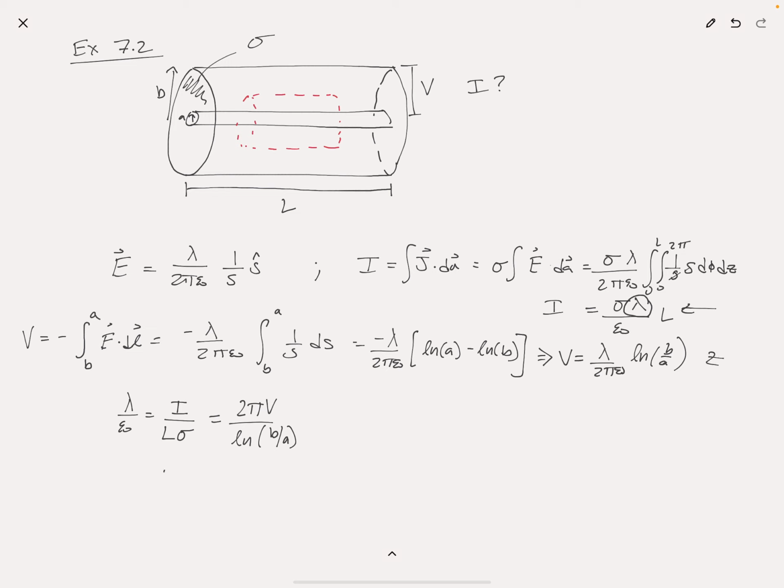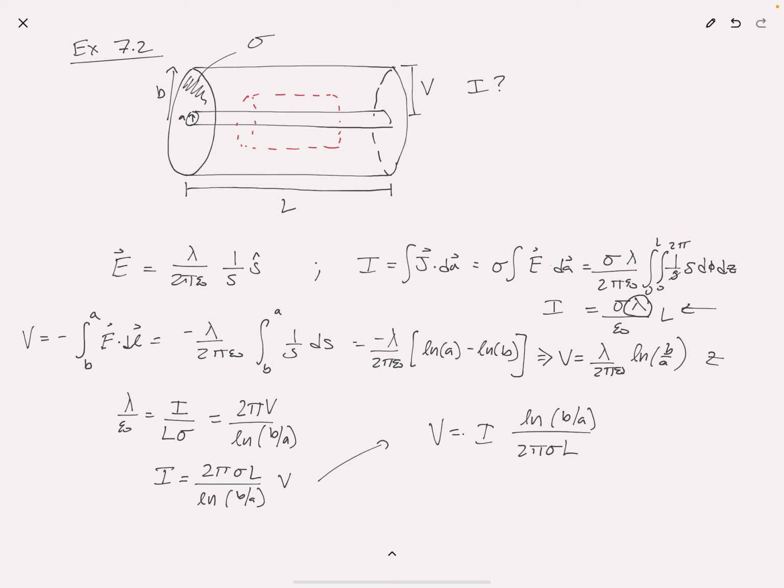I can then rewrite what the current is equal to. That's 2 pi sigma L over natural log B over A times V. So I found the current that flows through this material with conductivity sigma. Again, I'm going to write this another way. I'm just going to invert it. V is equal to I times natural log of B over A over 2 pi sigma L.